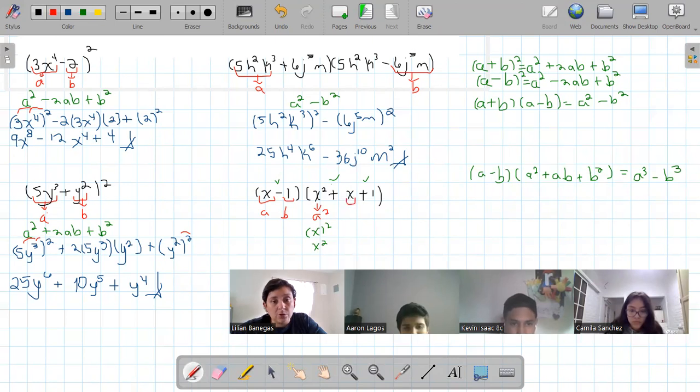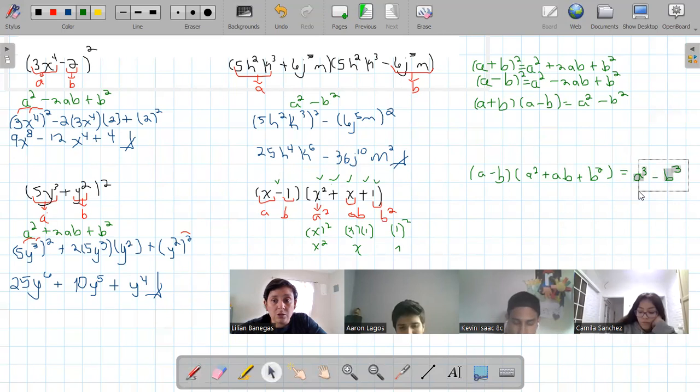Middle term is supposed to be only A times B. A is X and B is 1. X times 1 is X. Do I have X in the middle? Yes. So far, so good. And then the last one is supposed to be B to the square. B is 1, so without the sign, remember, 1 to the square is 1. Do I have 1 to the square over here? Yes. So everything is correct.